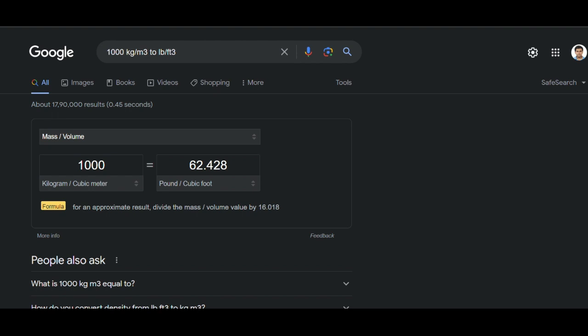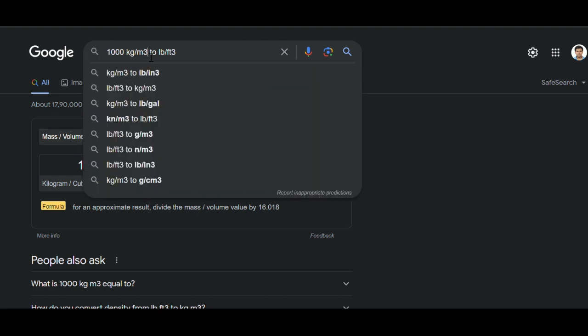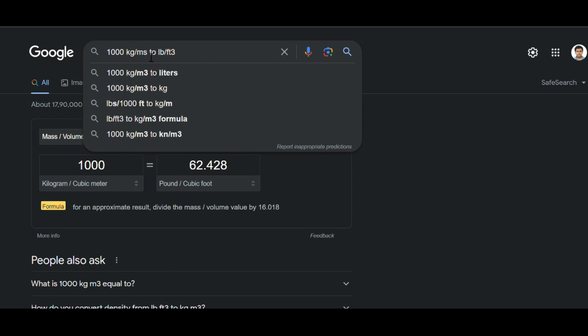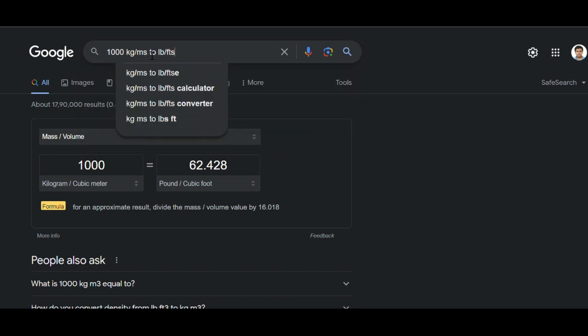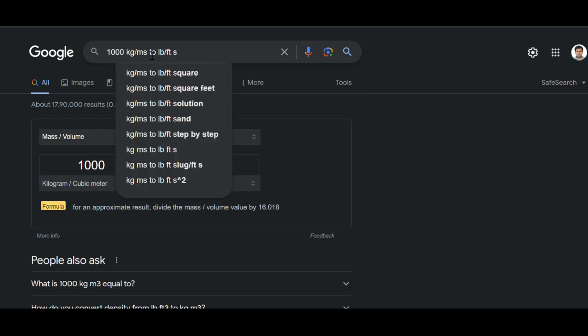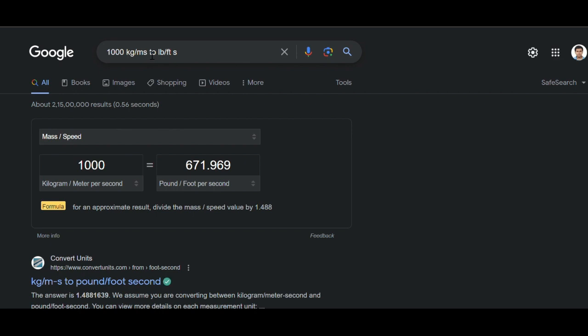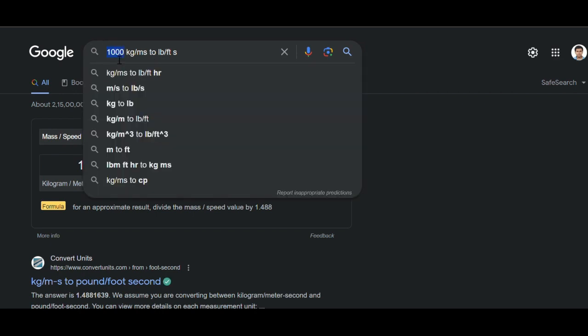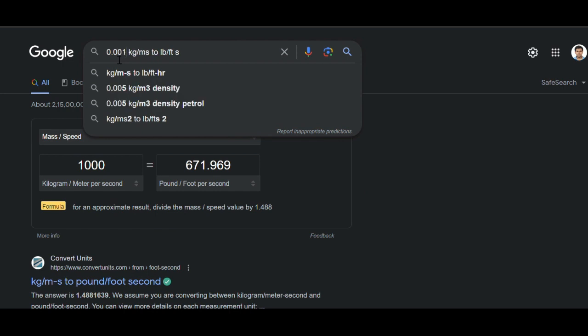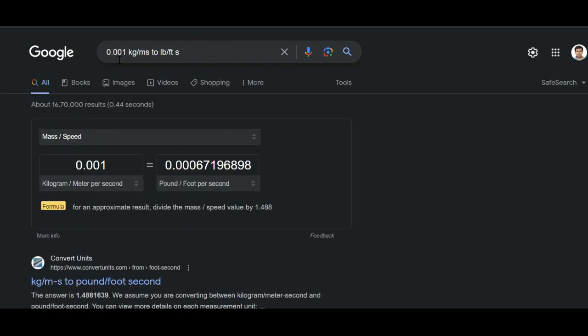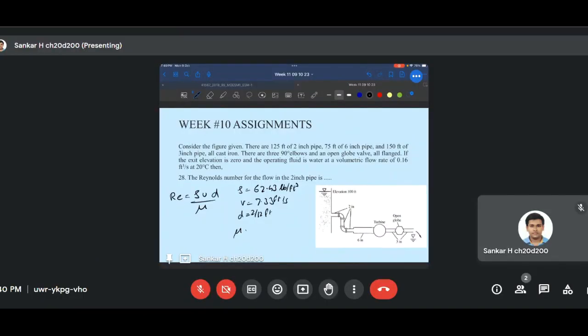And the viscosity, let me just convert that, it will be 0.0067, sorry, this is in pounds per feet second.